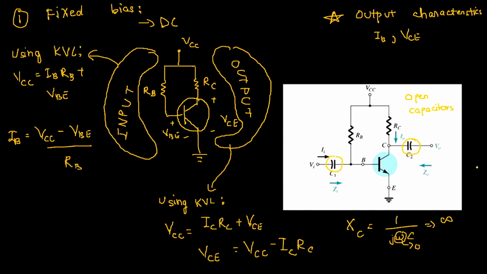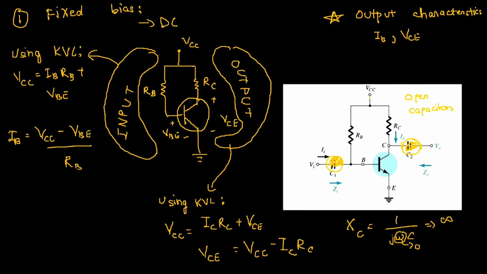Infinite resistance is similar to an open switch, due to which we just remove all the capacitors, we open circuit all of them. So let's just pretend that these capacitors are opened and they don't exist. This is the only part of the circuit that we need to be looking at.